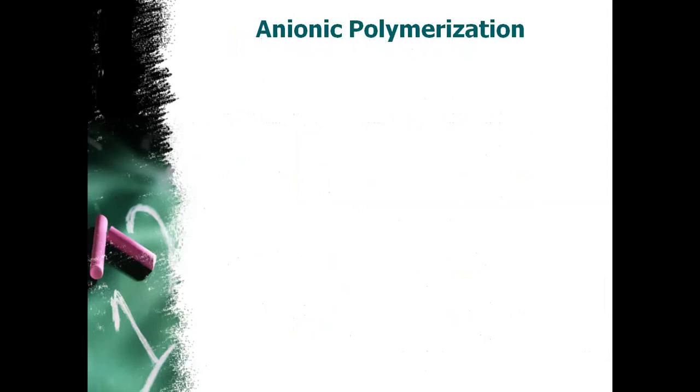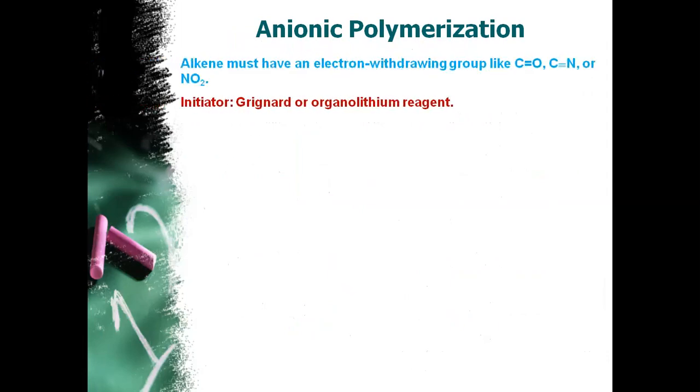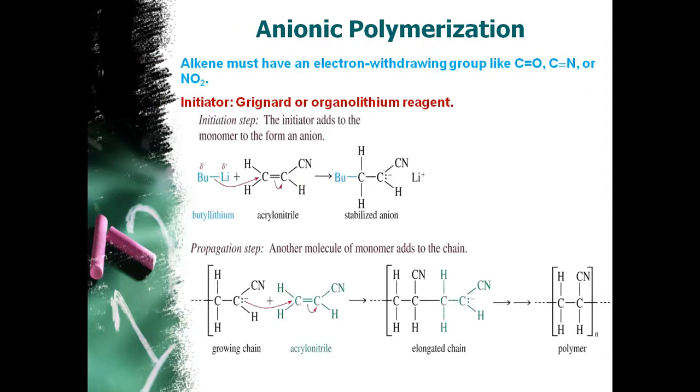Now coming to anionic polymerization. In anionic polymerization, the monomer contains an electron withdrawing group like C double bond O, C double bond N, etc. This can be understood by taking the example of the formation of polyacrylonitrile, PAN.